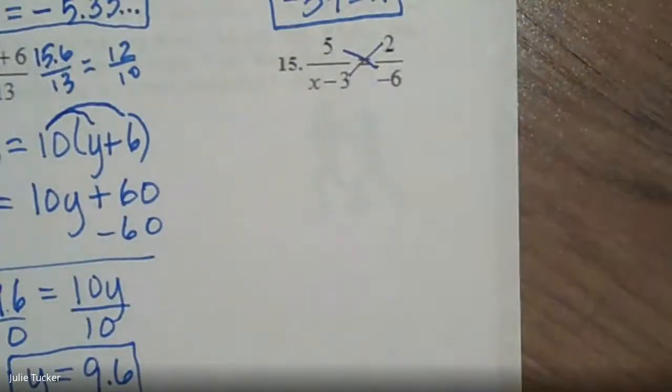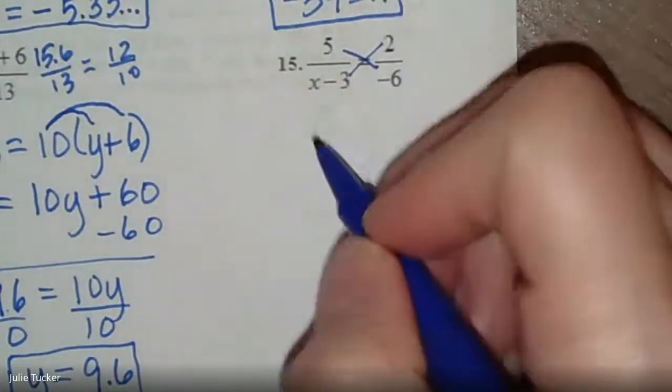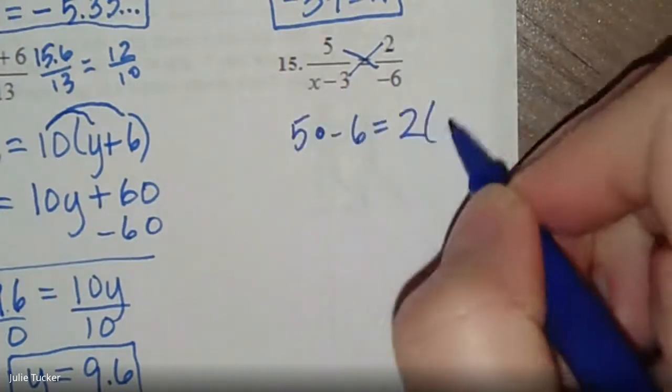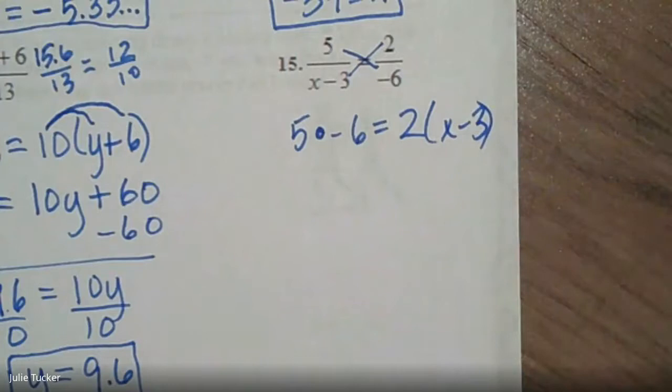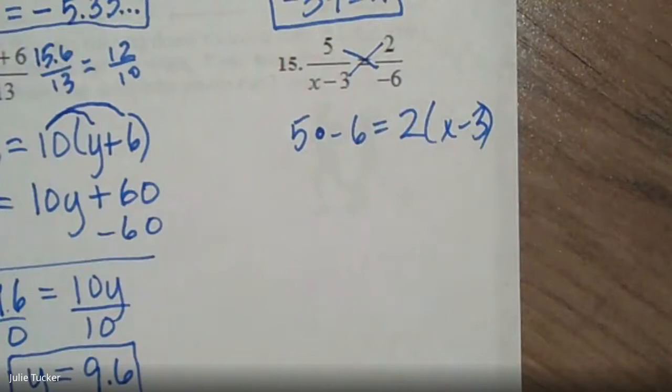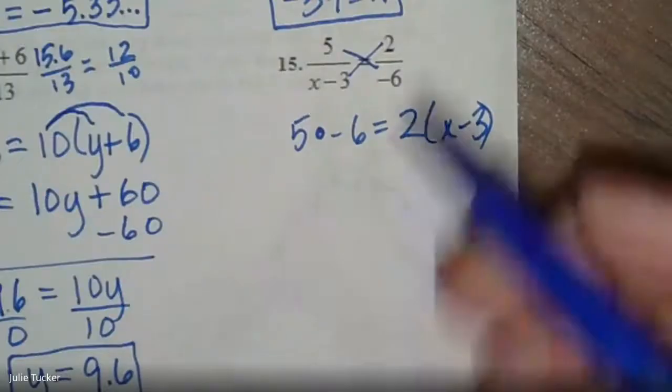So now we're going to cross multiply. 5 times negative 6 equals 2 times x minus 3. 5 times negative 6, what is that? Negative 30. Good.